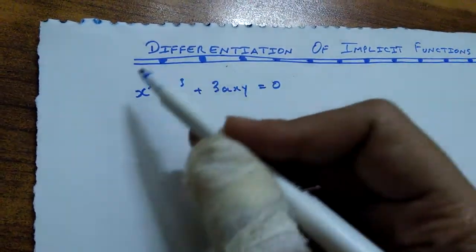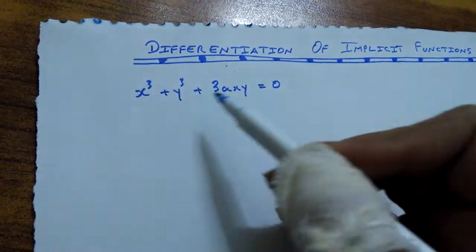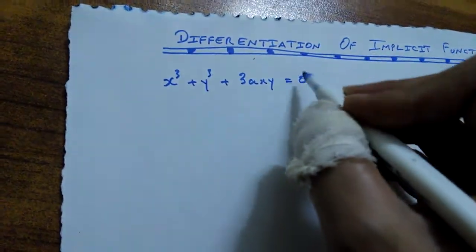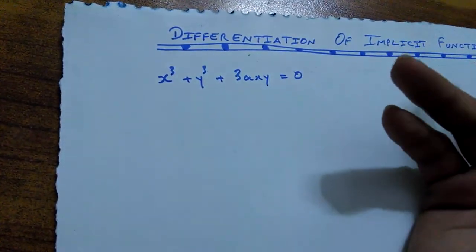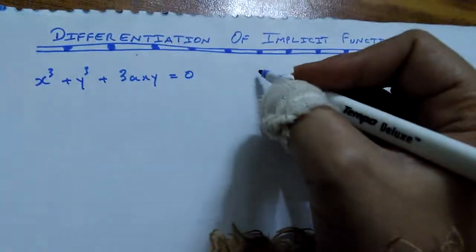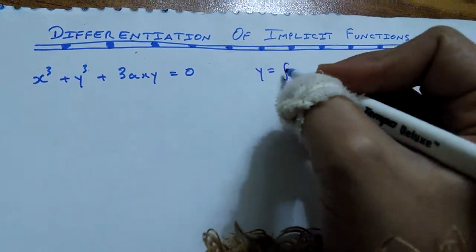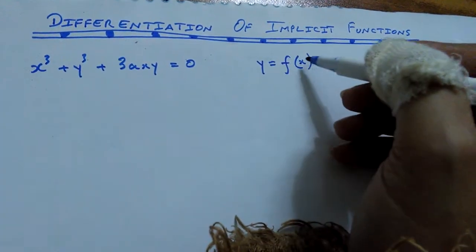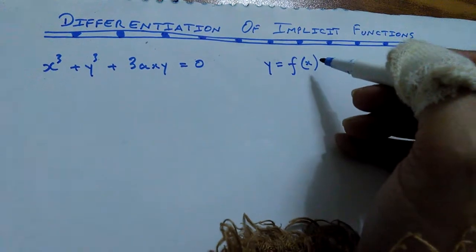In this function, it is hard for us, or almost impossible, to separate the variables or to modify this equation into a form like this, keeping y the subject and explaining it as a function f of x.